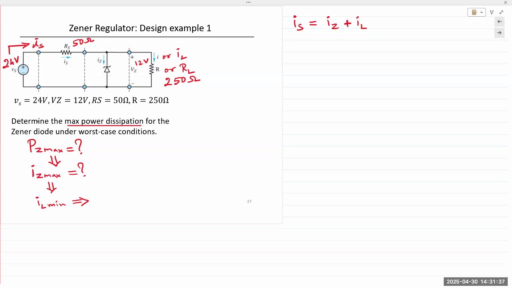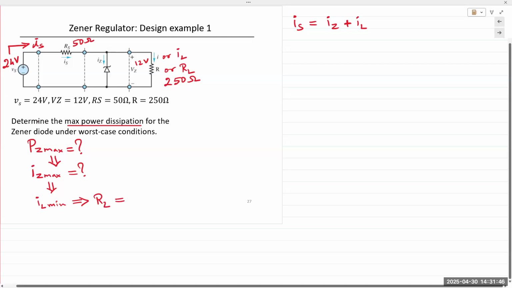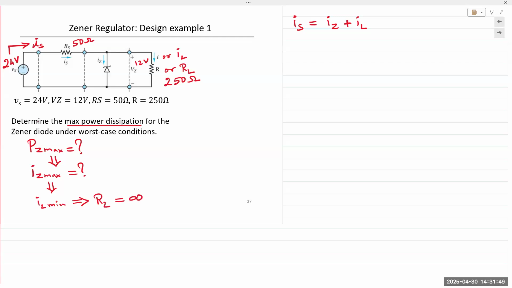There's only one possible value for 0 current. Infinity. RL has to be infinity, which means worst case condition would be no load is connected at the output. If there is no load connected and you have a supply turned on, everything's going to the Zener diode.